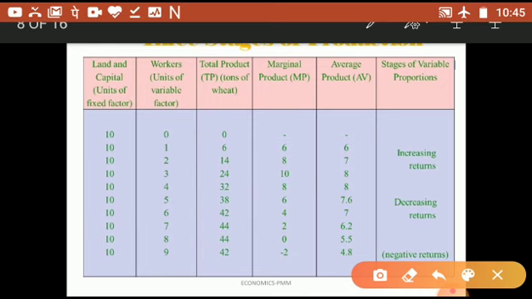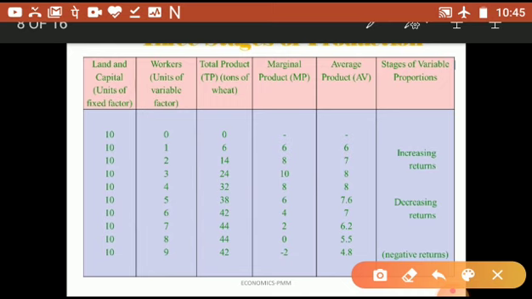When we go on changing the factor proportions, what will be the impact on total product, marginal product and average product? In the first column you can see that land and capital together, the fixed units, is 10, and the workers we are varying.